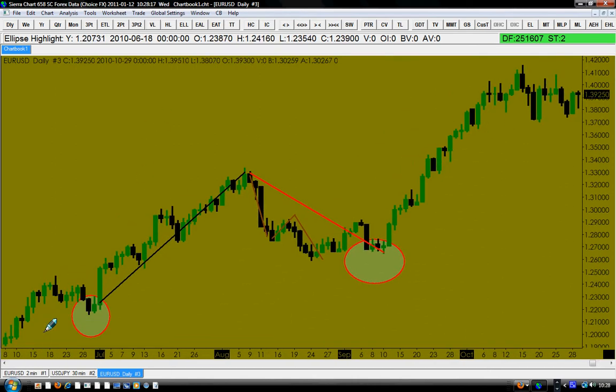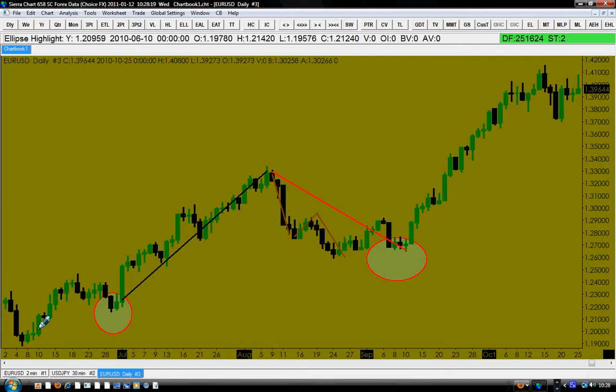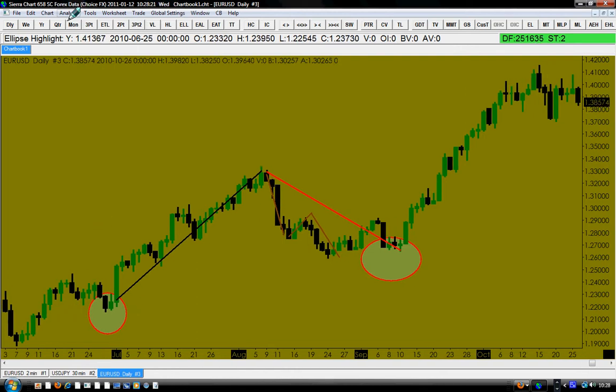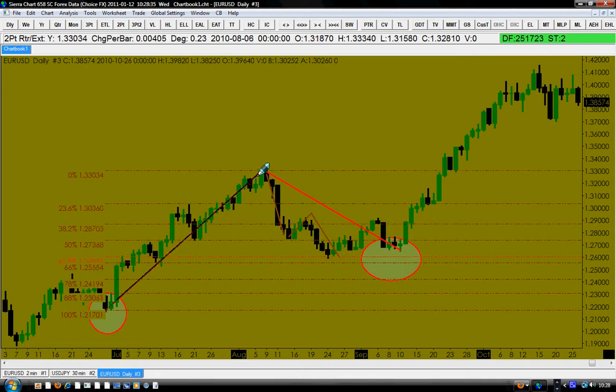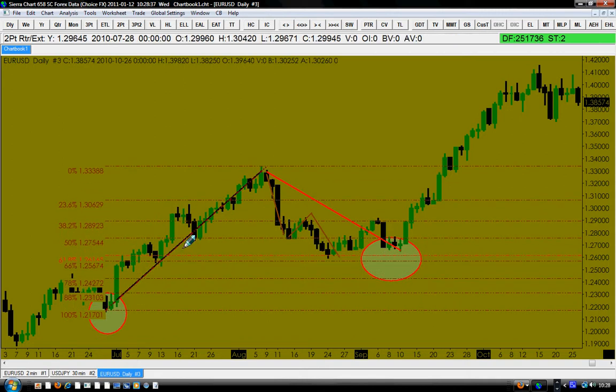With the Fibonacci projection tool, you will use it at this point in time to measure how far the third Elliott wave can go. So what I'm going to do now, I will use my Fibonacci retracement tool to tell me how much profit those who bought it here all the way up here took.